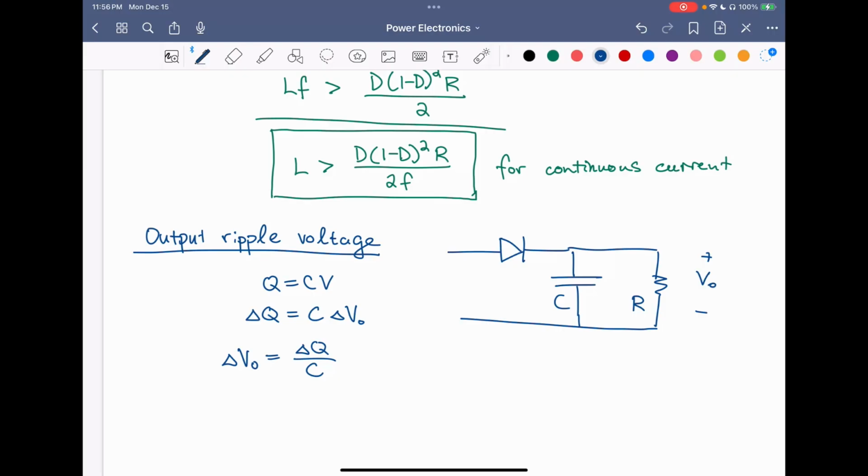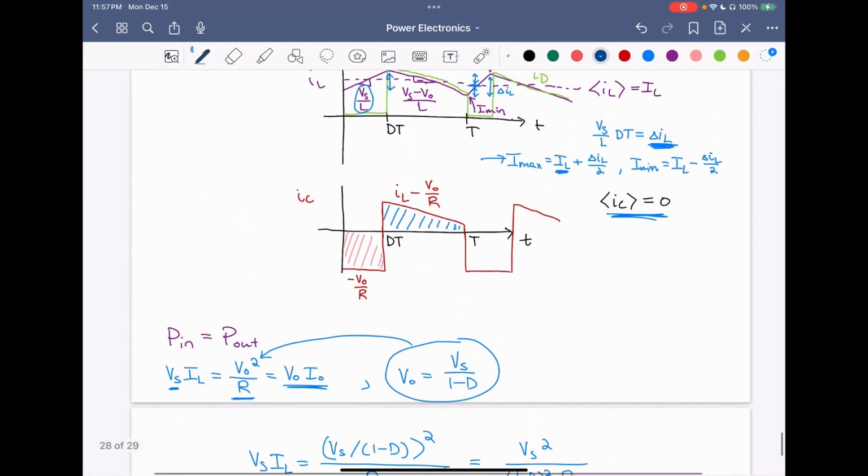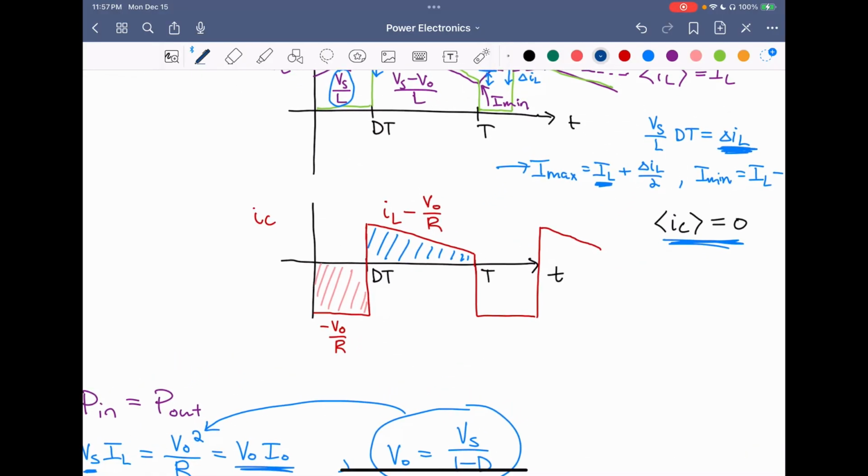So in this case, we want to find what the change in charge is for the capacitor. We can examine the capacitor current waveform that we have drawn, and look at the dt interval to figure out what the change in capacitor charge is during this interval.